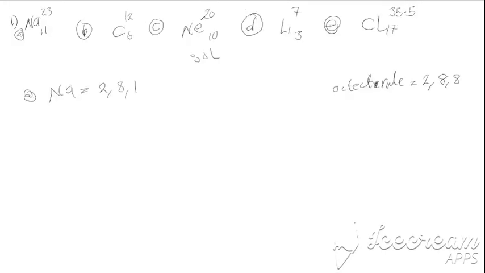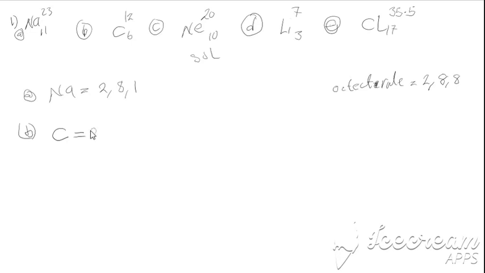Okay, now let's do carbon. Remember we start with the symbol and then the number of shells. The symbol for carbon is C. Now the atomic number for carbon is 6. According to the octet law, the first shell should have 2 electrons.